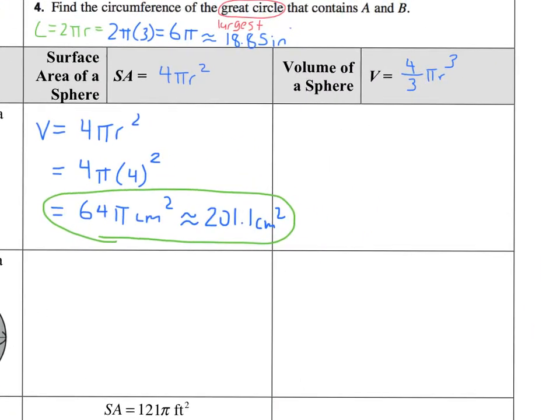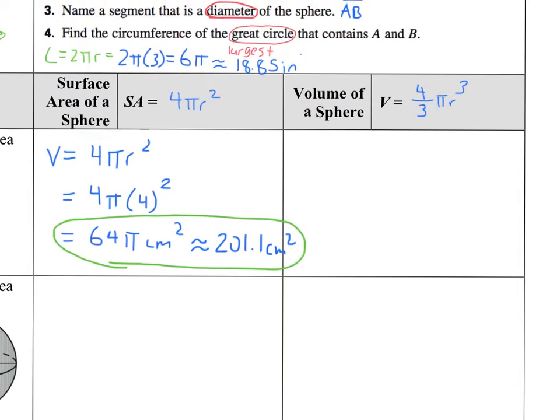All right, now finding the volume of the sphere is fairly straightforward. All we need to do is substitute and simplify. We only need one thing, which is very nice. All we need is radius. So volume is 4/3 pi r cubed. 4/3 pi times 4 cubed.